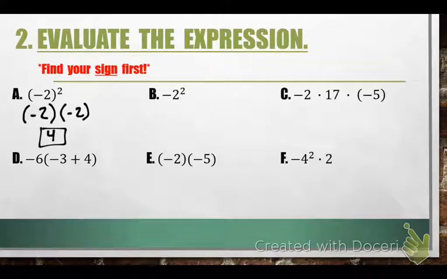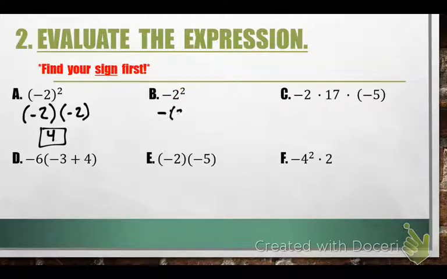Next up, notice these look kind of similar, (-2) squared and -2 squared. What's the difference between problem A and B? The parentheses, okay? So here's what's going to happen. You are just going to drop down this negative, and now we are going to do our exponents, 2 squared. Sierra, what do I do for 2 squared? What does that mean? 2 times 2.